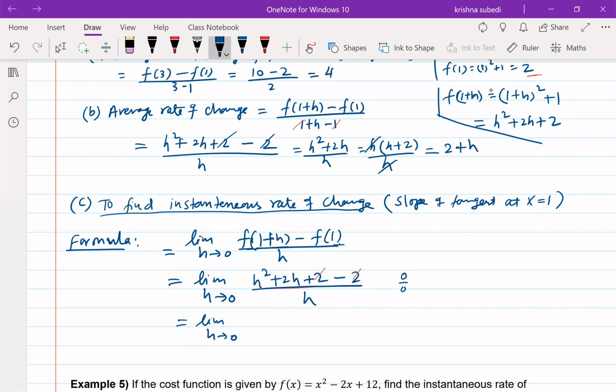Recall from section 2.1, in this case we have to do some algebra. The easiest algebra would be h common, remaining h plus 2 over h, and this cancels out. Now you plug in the value of h. If you get a meaningful number, you're done. Otherwise, do some algebra again. So here, h is 0, plus 2, so that's going to give me 2. That is the instantaneous rate of change at x equals 1.